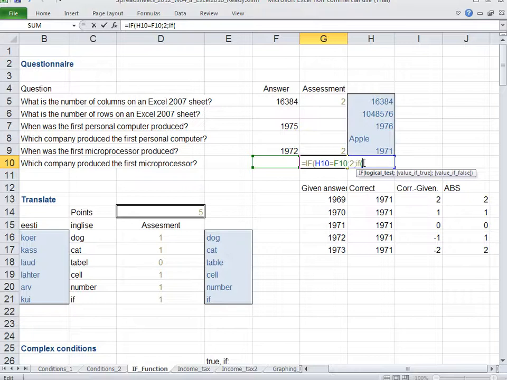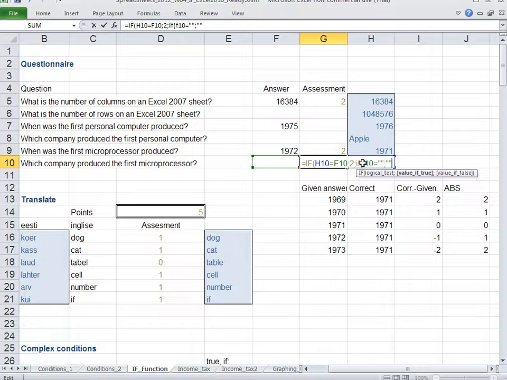Our further option is we want to check whether F10 is empty. Emptiness in Excel is marked with empty quotation marks. So we'll write quotation marks, quotation marks. Okay, if the answer is empty, we want to assess it as empty as well. So we'll write simply empty quotation marks again.